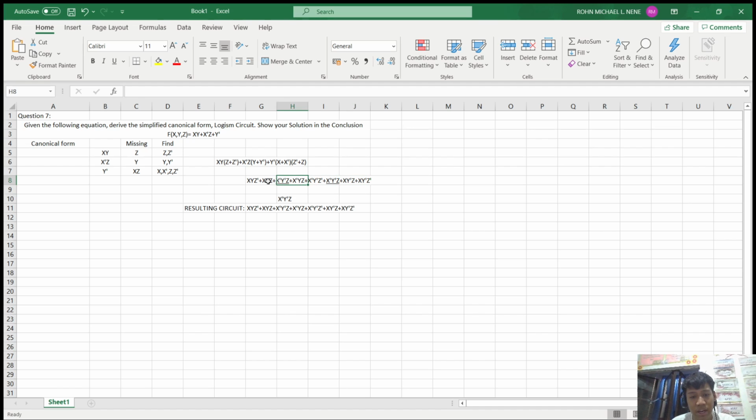As you can see here, I have underlined the similar terms, and if we combine them, it will result in x complement, y complement, and z. And the resulting equation will be this.